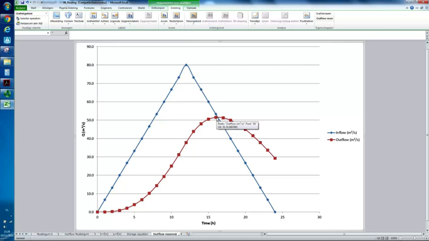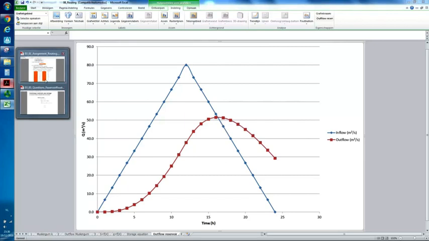But as we are dealing with reservoir routing, it's also nice to see that our maximum value of the outflow also corresponds with our maximum value of the storage. And of course this is also what we saw when we calculated it, but here we can see it on the graph that our maximum value of the outflow actually corresponds with the point where inflow and outflow are equal.